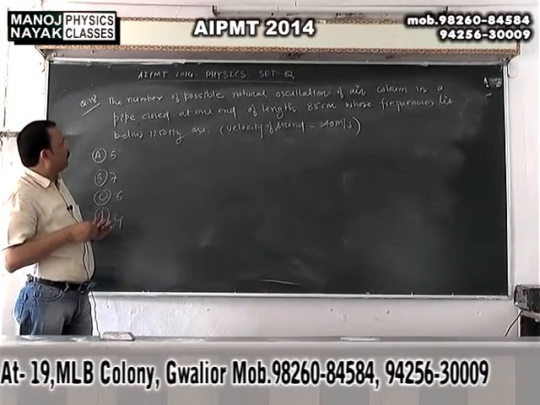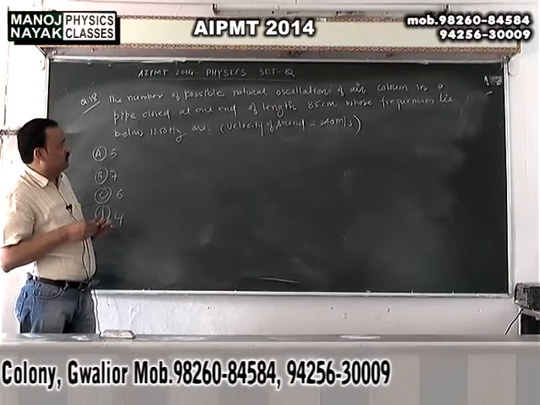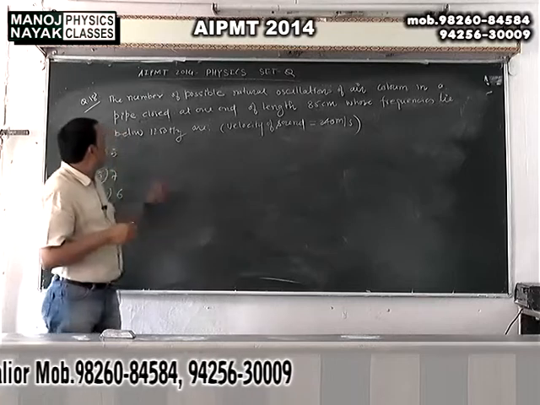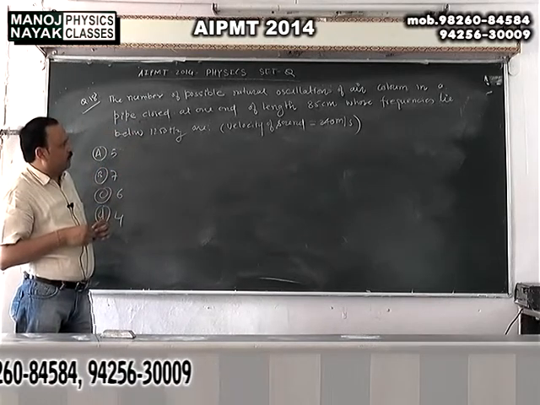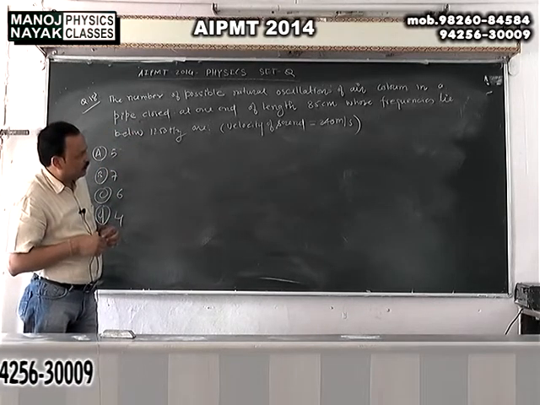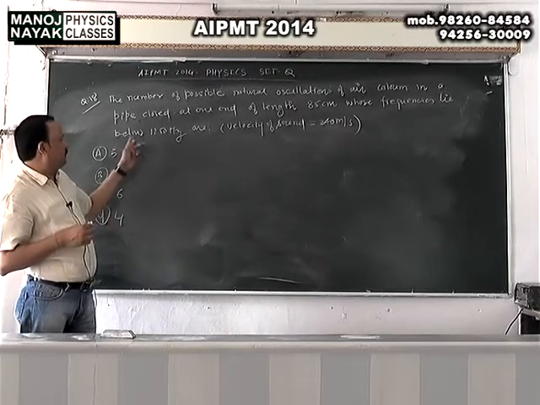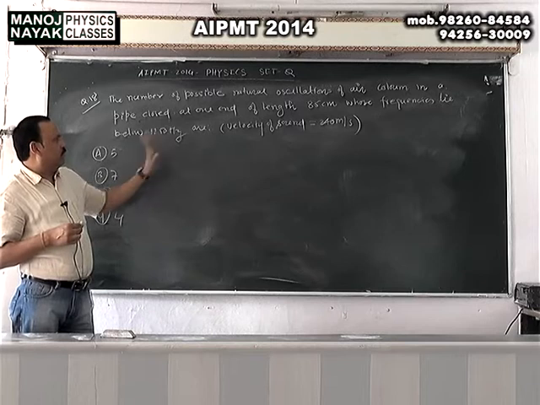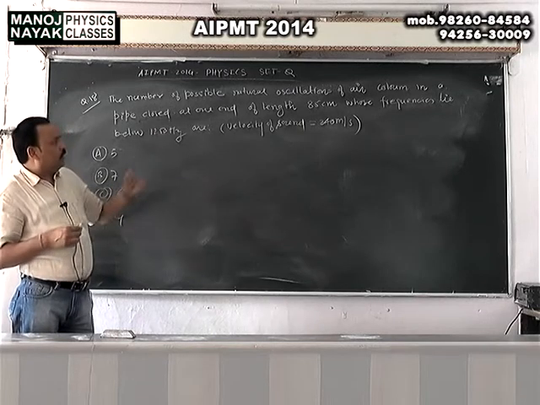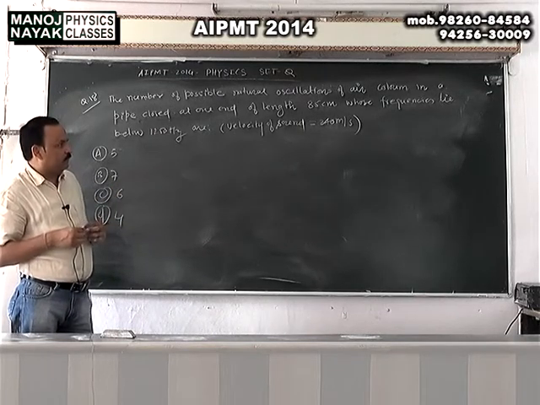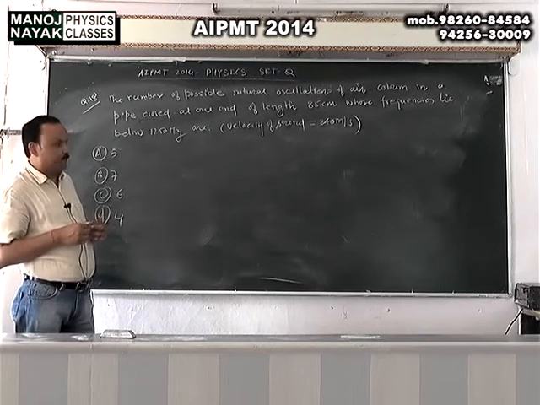Question number 18. The number of possible natural oscillations of air column in a pipe closed at one end of length 85 centimeter, that is 0.85 meter, whose frequency lies below 1250 hertz are, and the velocity of sound is given as 340 meter per second.